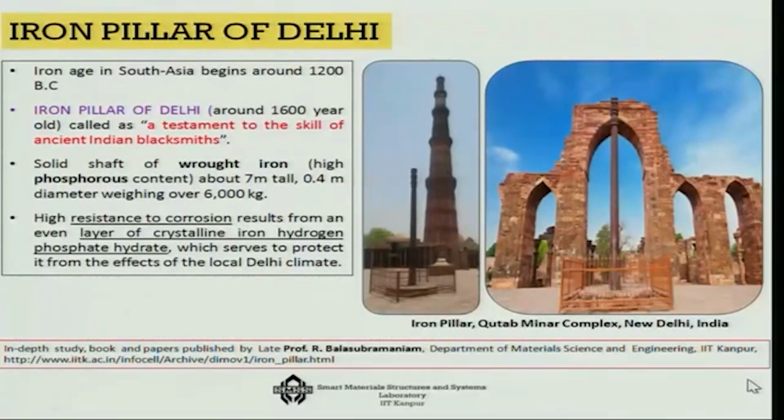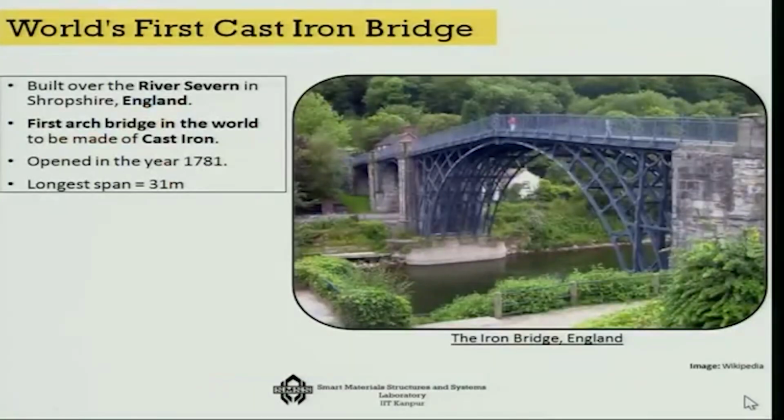Now, please also keep in mind that a column is predominantly a compressive force carrying system. This is important. I will later tell you that from iron to steel is what has actually changed the world. So, iron was not limited only to columns, but also used for making bridges, like the world's first cast iron bridge in England, on the river Severn, and this is the first arch bridge.